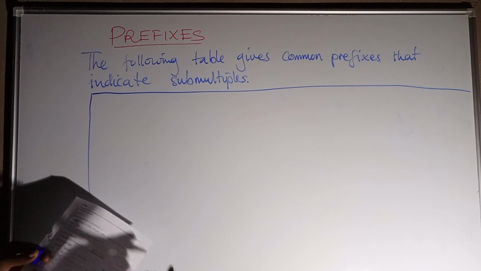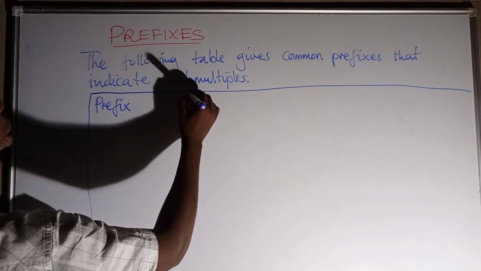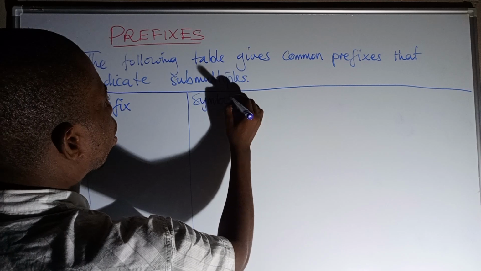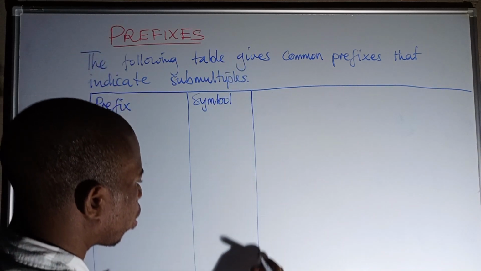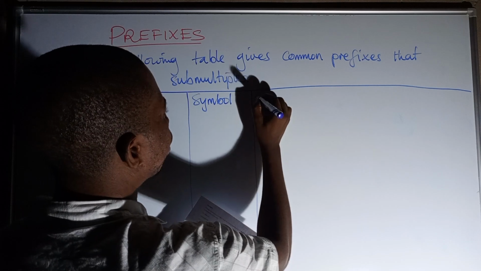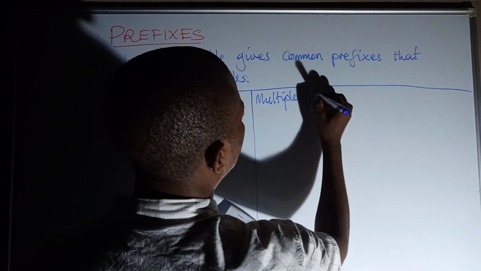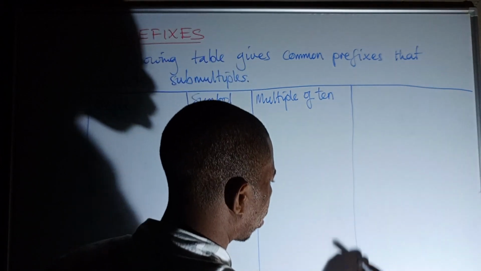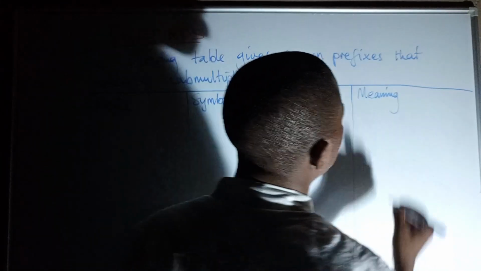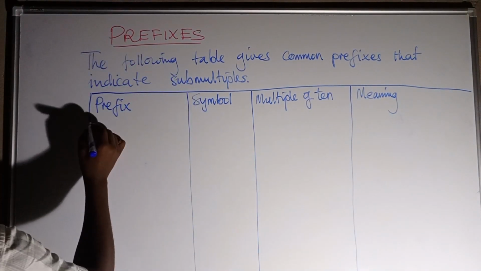Here we have the prefix, here we have the symbol, here we have the multiple of 10, and here we have the meaning. So let's do it like this.